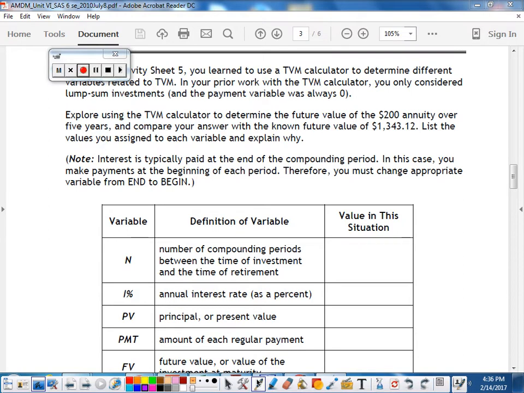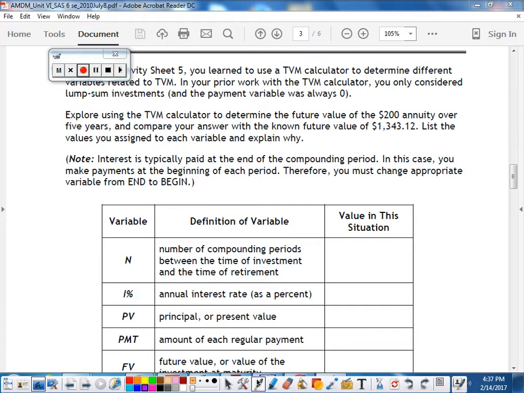But anyway, we are going to be using the software again, but there is a very special way to put this in the calculator, so you've got to make sure you know what you're doing. Notice on question 5 it says, in student activity sheet 5, you learned to use the time value of money calculator to determine different variables related to time value of money.